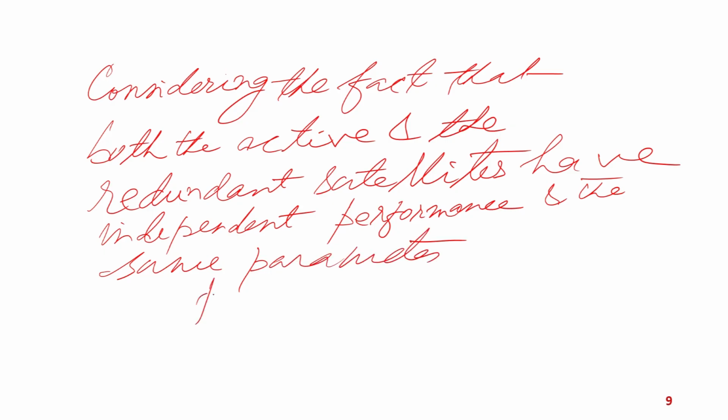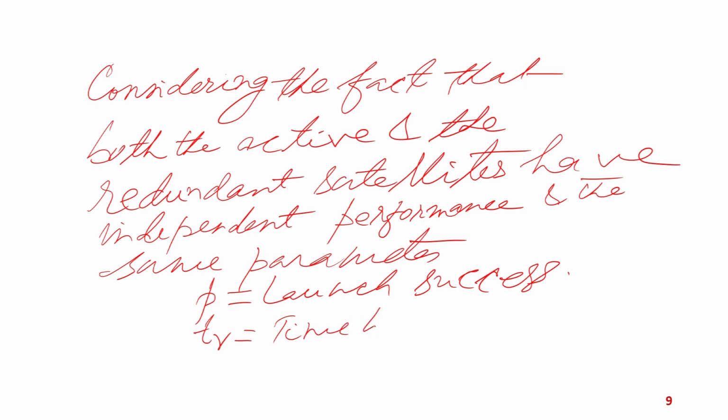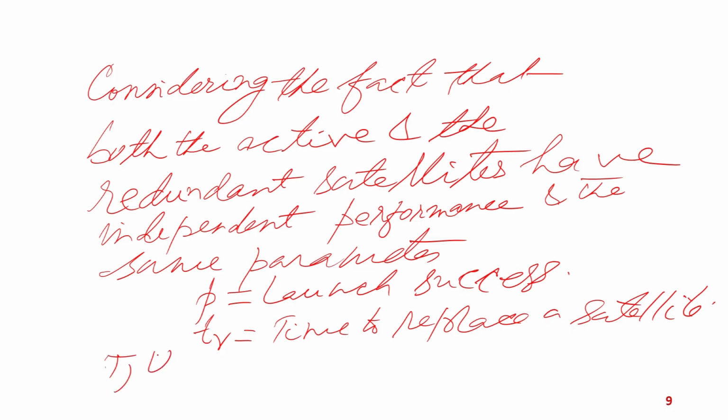P is the launch success probability and Tr is the time to replace a satellite, and all other parameters like T and u we already said.